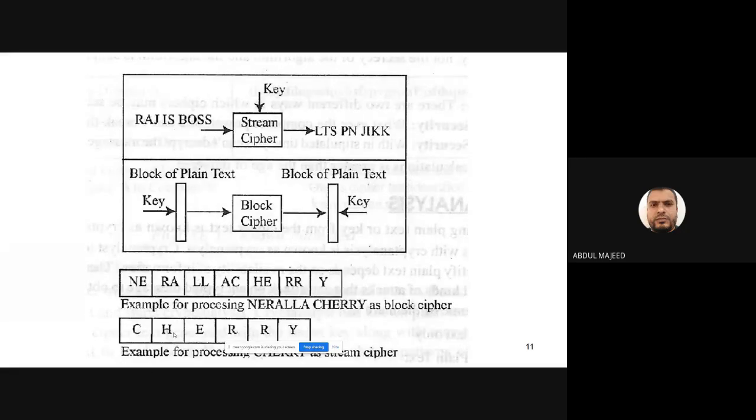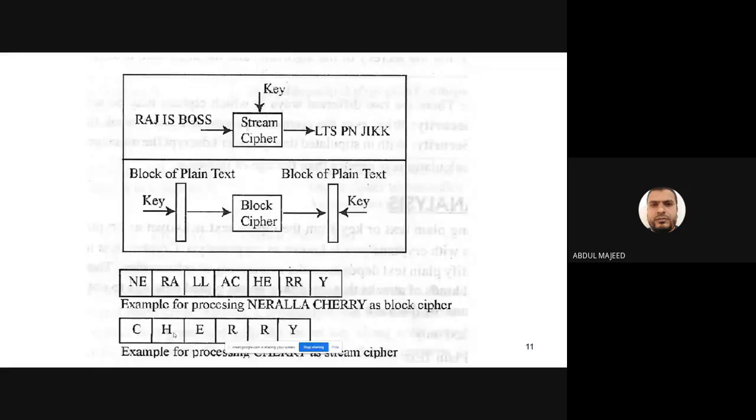And here, stream cipher means one character: C separately, H separately, E separately. In the second example you can see the processing of a stream cipher. If your message contains thousands of characters, or even lakhs of characters, it will also get processed individually. C is separate, H is separate, E is separate.